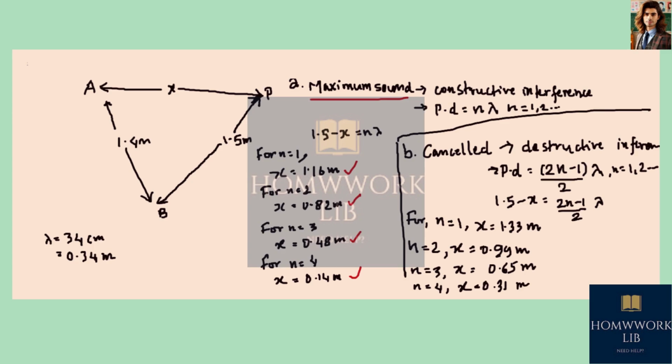For n equal to 5, it comes out to be negative, so the sound is cancelled at these distances. Alright, so we have found out the distances at which the sound is maximally reinforced and sound gets cancelled. This is the solution for this question.